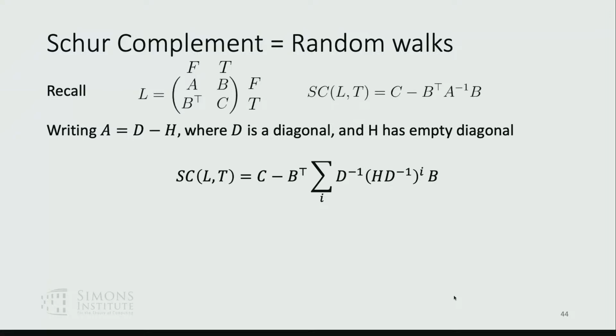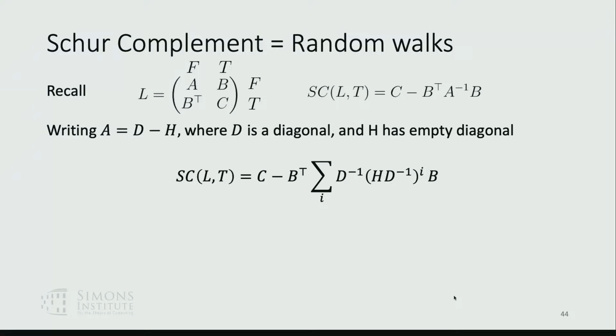Okay. This formula you can actually now interpret in terms of random walks on the graph. Before I write down what it is, let's just observe what's happening. C are the edges that already exist. B are the edges that are going between F and T. So think of it as the following.